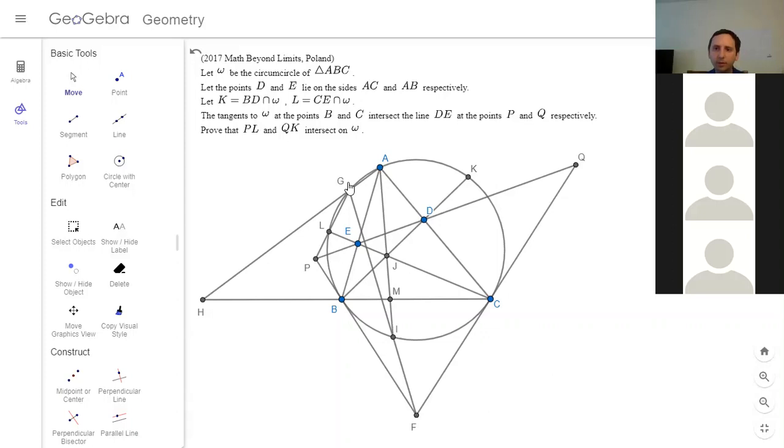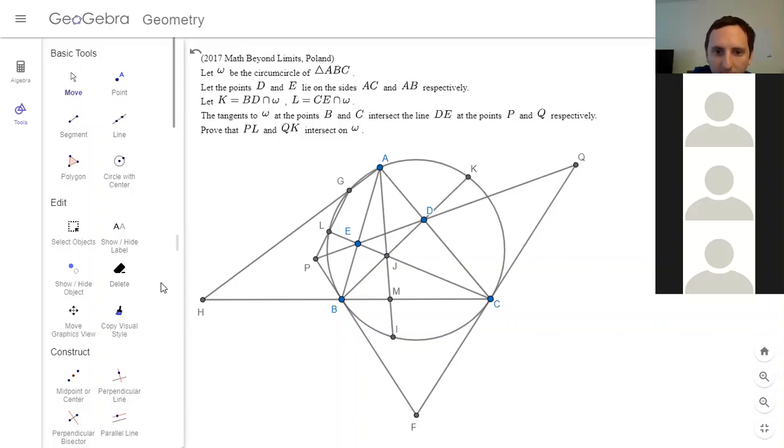Okay, I think this works. I got a little confused, but I think this should work. So we leave P as it was defined, and then points L and K are defined, then we draw G, then we draw H. And then Pascal shows that D, E, P, and H are collinear. And then similarly, D, E, Q, and H are collinear.